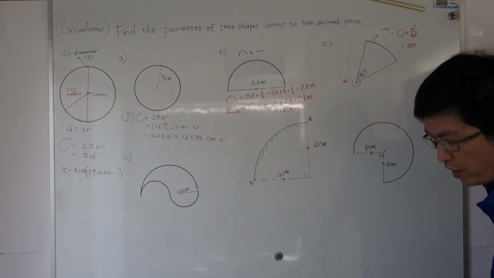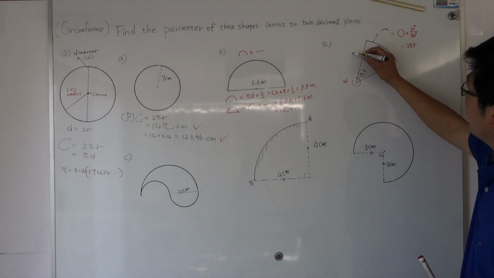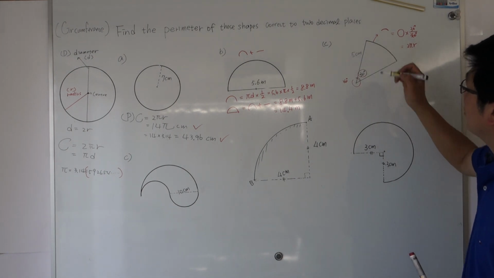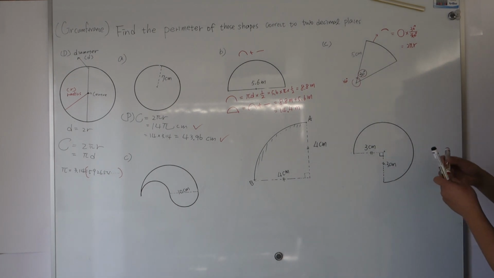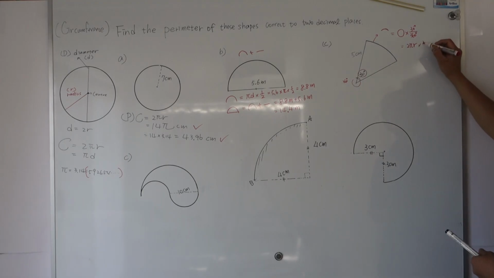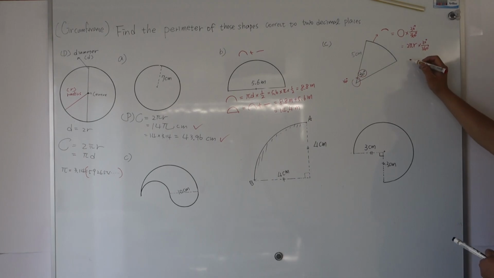Therefore, the answer equals 2 pi r. I forgot to give you r. The r equals 5 centimeter, alright? Times 30 degree over 360 degree.